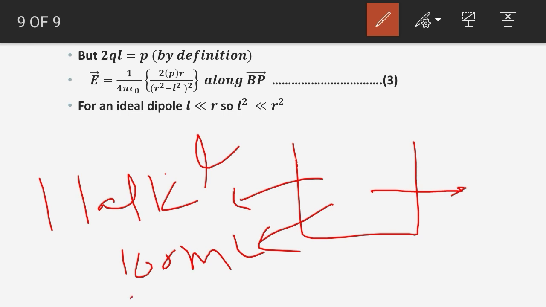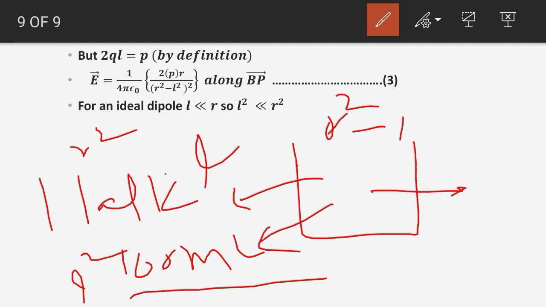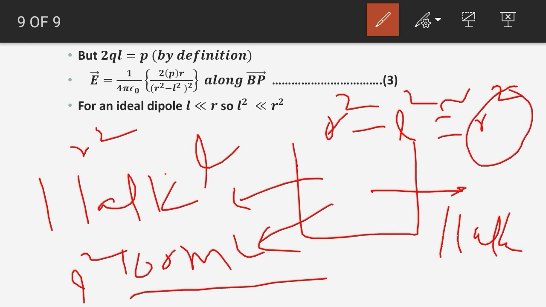You never mention that 100 ml has been taken away, since it is very negligible compared to 1 lakh liter, right? So if you take away l square from the term r square, it does not make any serious impact. That's why we call this term r square again, exactly in the similar manner.